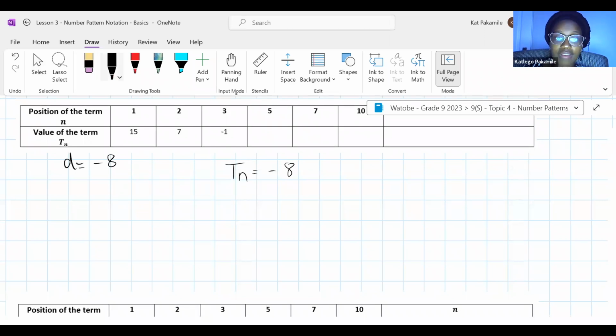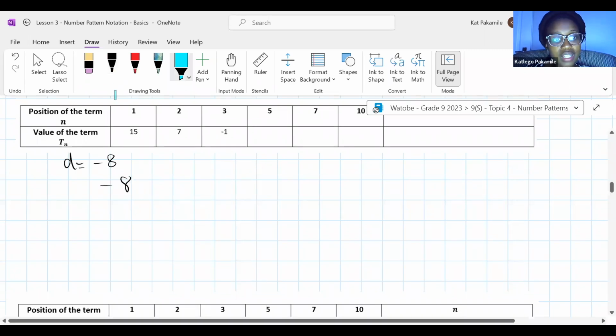Okay, I have a -8. What do I multiply it by? No. Okay, let's follow our steps, okay? Let's test it with the one that's in the first position. It's always easier. So we have -8 times the first position.